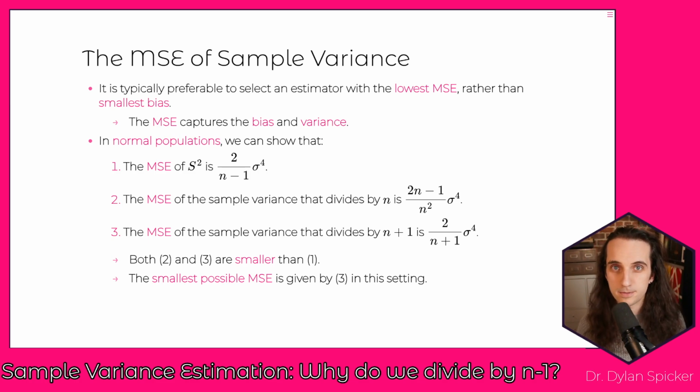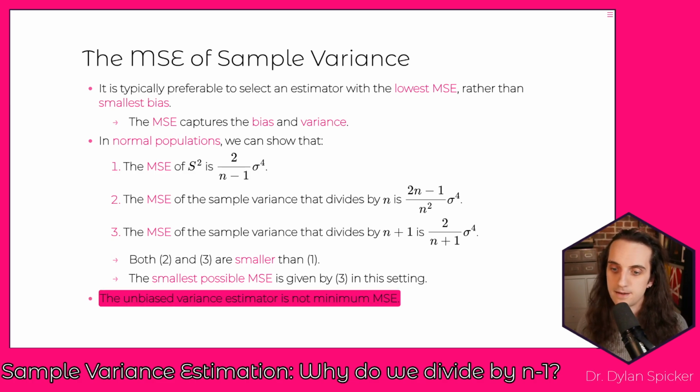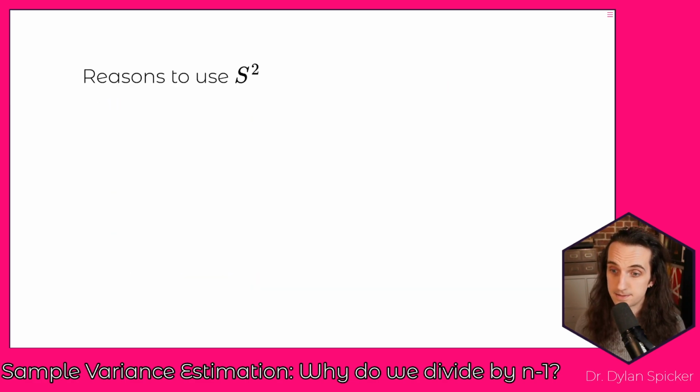It feels just as arbitrary, but here we could justify this as being the lowest MSE estimator, the best estimator, rather than the unbiased estimator. And so it's this question of, should we really be dividing by n minus 1? The unbiased variance estimator is not going to give us the lowest MSE in general. Just as a general rule, it's not actually going to be our best estimator for variance.